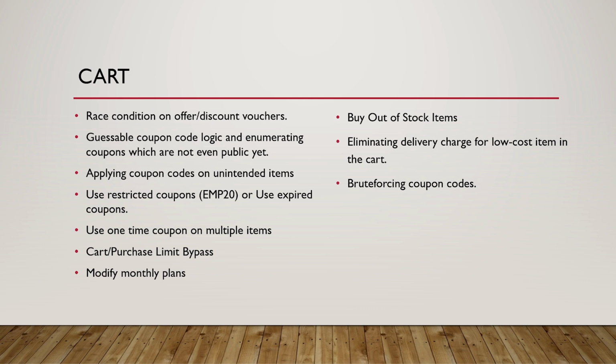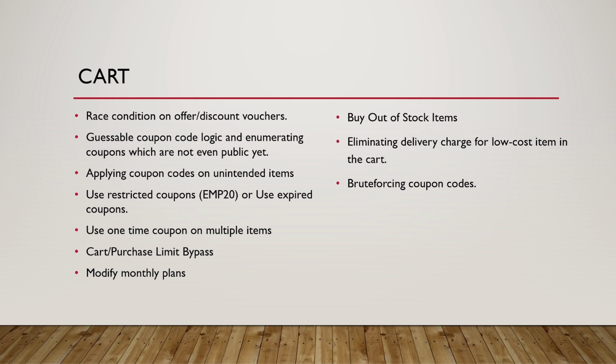There are also some subscriptions that have a certain limit. For example, there is a subscription which starts from $6 per month. If I'm able to buy that subscription at $2 per month, then this will also be a vulnerability because I'm bypassing the business logic.